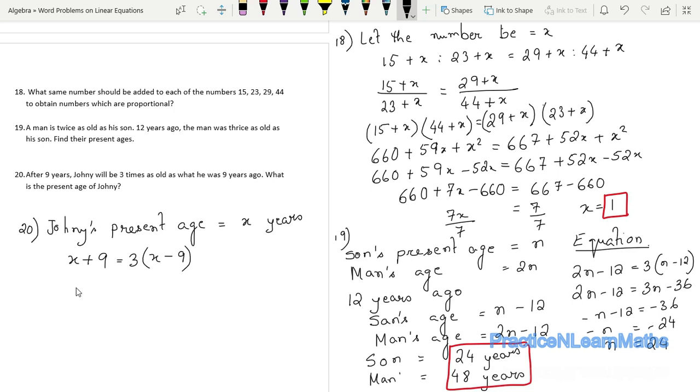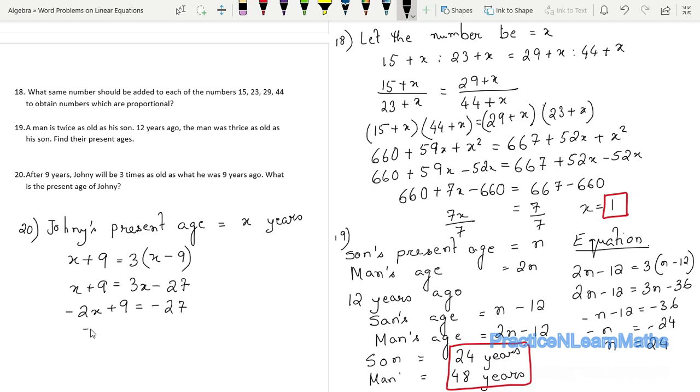Now solve this equation, x plus 9 is equal to 3 times x minus 9. Subtracting 3x from both sides, we get minus 2x plus 9 is equal to minus 27.